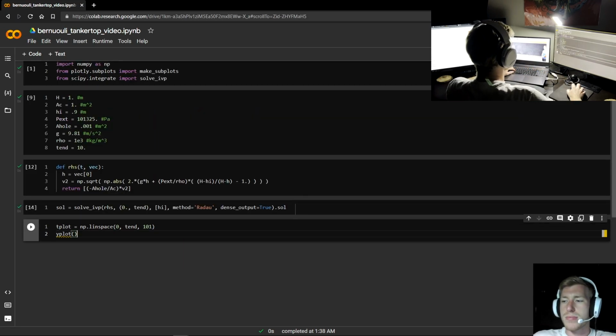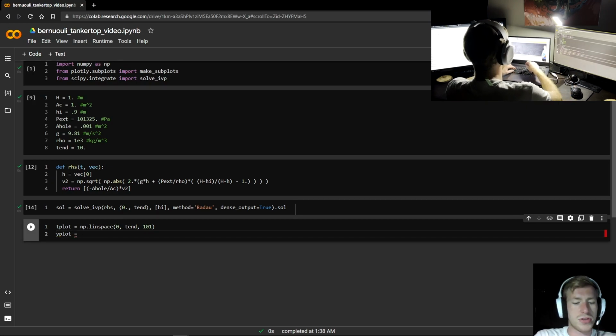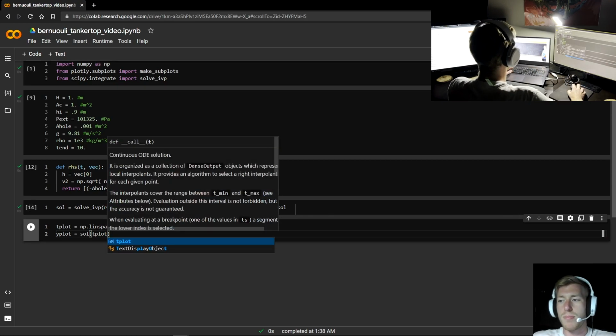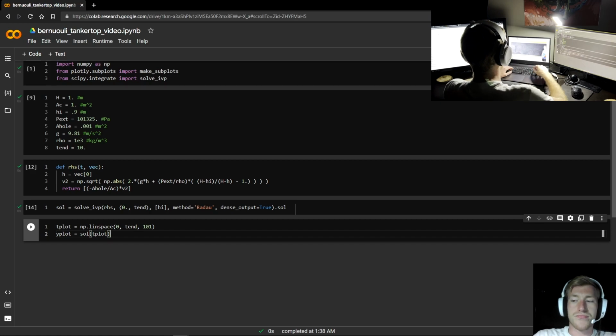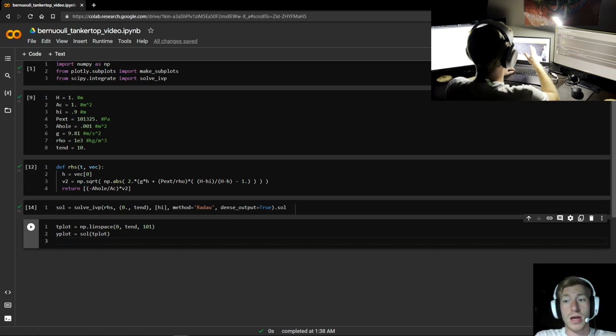So yplot is going to be equal to sol taking in tplot. So again, it's going to plug every single value of tplot into the function sol, and will obviously give us an array that's tplot long of all of the outputs of that height function that it derived for us by running the solve IVP function. And then we're just going to graph it.